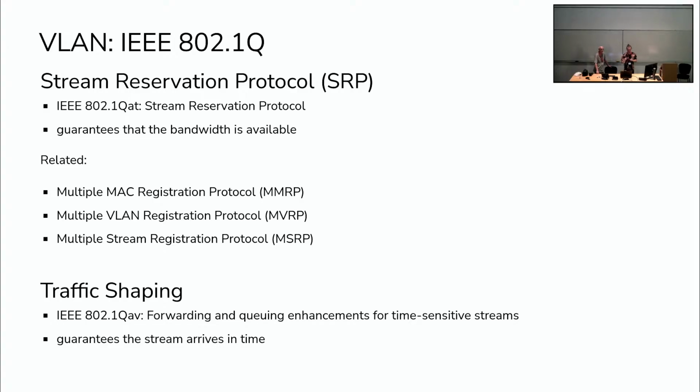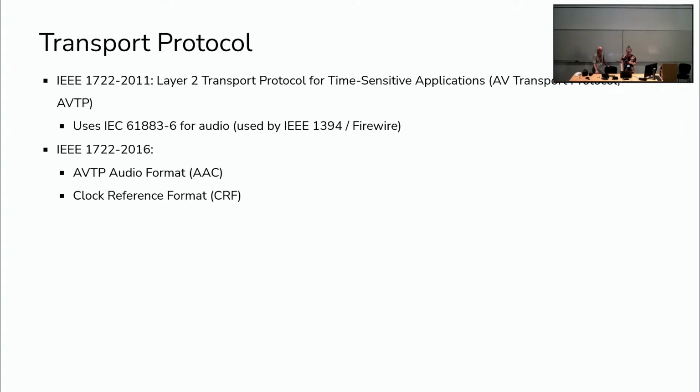That's 802.1Qat, and this needs to be on the endpoints. Traffic shaping only needs to be implemented in the switches. So the endpoints usually are not that complicated in comparison to the switches. The traffic shaping is for guaranteeing that the streams actually arrive in time.